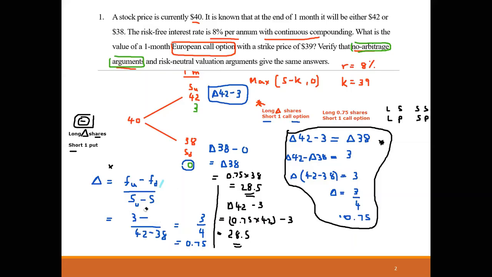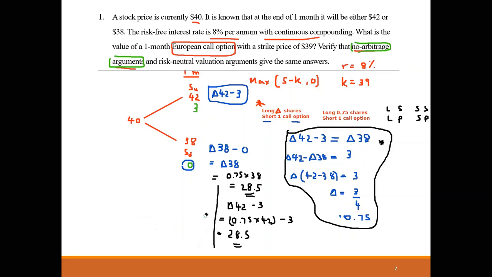So now using this, tell me what would be the value of the portfolio today? What would be the value of the portfolio today?